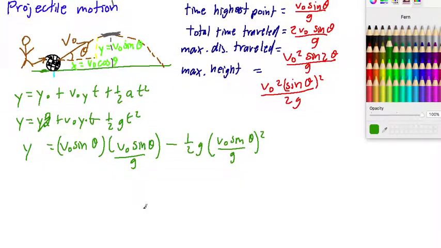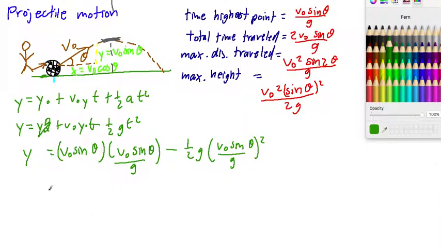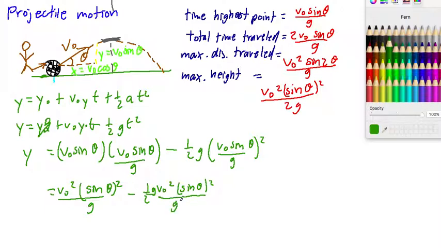Now, doing the FOIL method, we end up having v naught squared sine theta squared over g minus 1/2 v naught squared sine theta squared g right there times g over g squared. So now this g cancels out one of the two g's on the bottom.